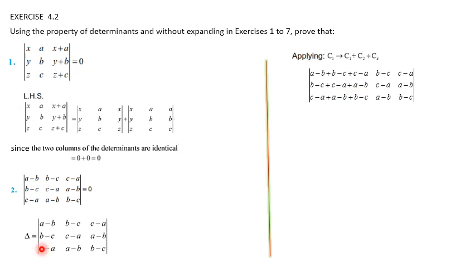And the third element, c minus a plus a minus b plus b minus c. So that is what is written. What we have done is C1 is changing to C1 plus C2 plus C3, so that is what is written here. C2 and C3 remain the same: b minus c, c minus a, everything is the same here.